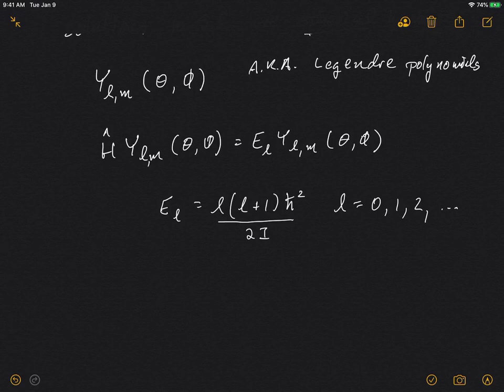And there's a second quantum number, M, sometimes called M sub L, so that you don't confuse it with mass, and so that you don't confuse it with the M quantum number that shows up associated with electron spin.